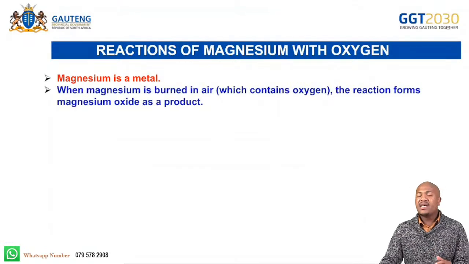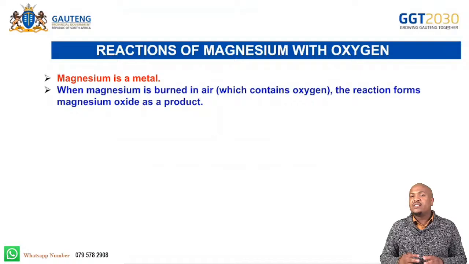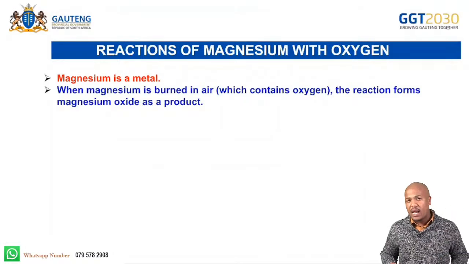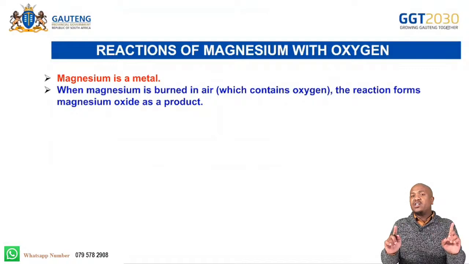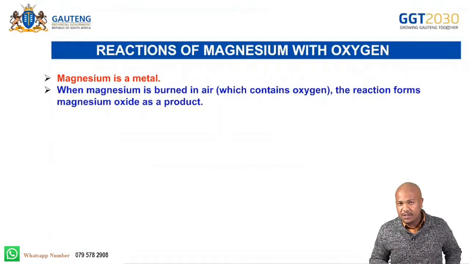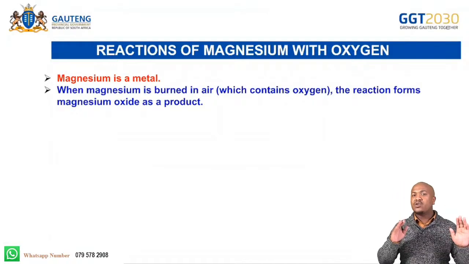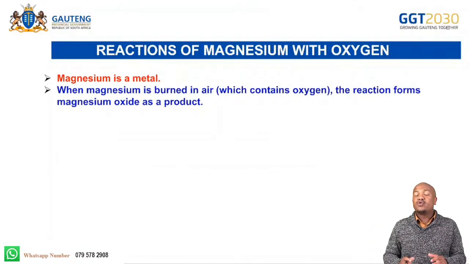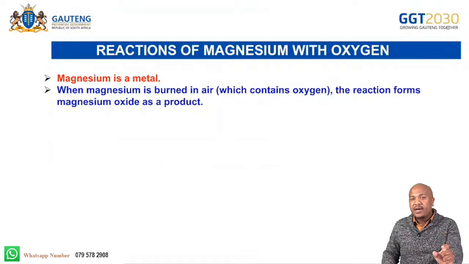So when magnesium reacts with oxygen, or when it is burnt in air that contains oxygen, the reaction forms magnesium oxide as a product. Remember the general equation: a metal plus oxygen form a metal oxide. In this case, we're being specific as to which metal we're talking about.